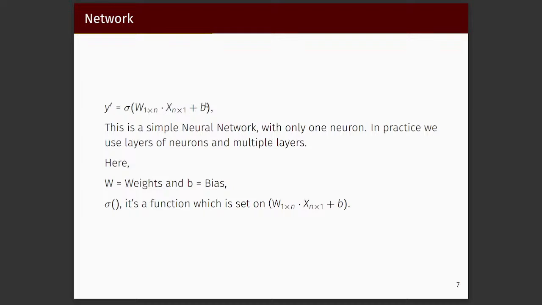And there is a bias, this B. What does this B do? It helps in making the model more accurate. If W does not correspond to good accuracy, this B manages that part. So this is just a simple neural network with one neuron.